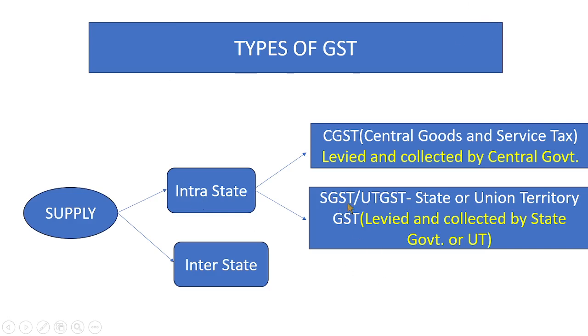So if a UT is with legislature, SGST is applicable. For UTs without legislature, UTGST is applicable. So for a state, CGST and SGST, and for UTs without legislature, CGST and UTGST is applicable. CGST is levied and collected by central government, and SGST or UTGST is collected by the state or UT.